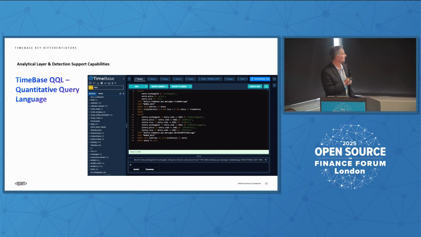This is just an example of QQL. Now we're going to follow up with a demo, so you can look a little bit more into how TimeBase works. We prepared a demo that my colleague will present, where we are basically simulating the trade spoofing event.